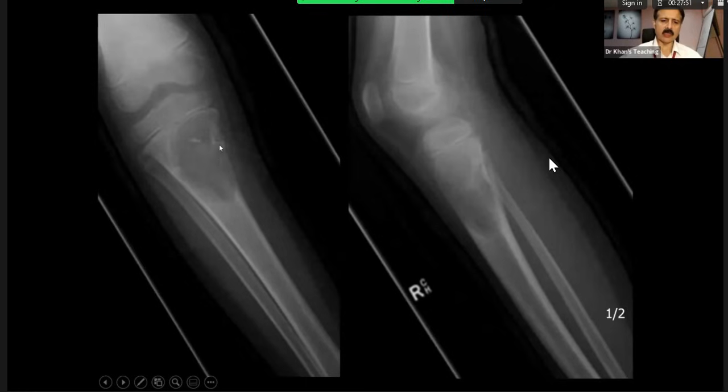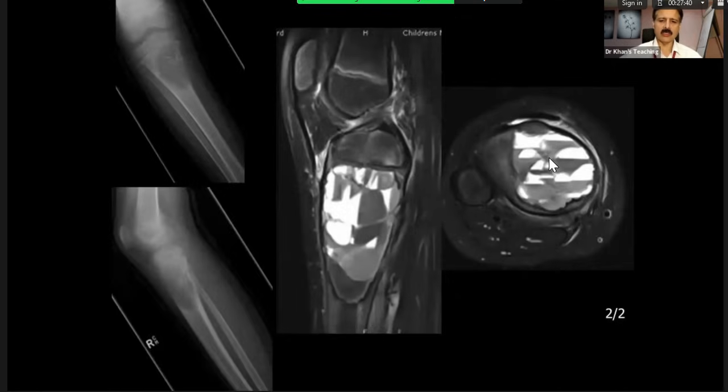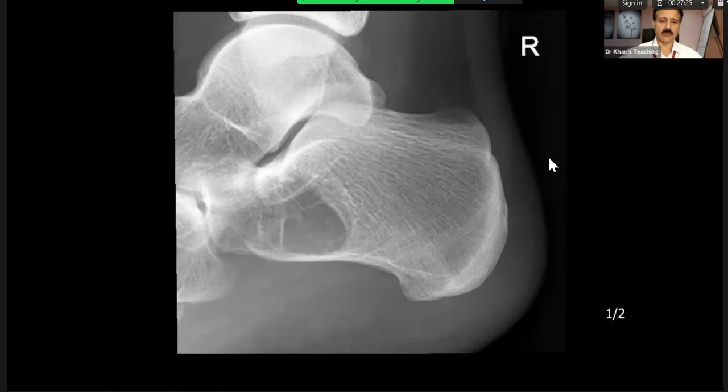But having said that, retrospectively speaking, these points are valid, as I have pointed out. Please remember, fallen fragment sign is not a pathognomonic sign for simple bone cyst, and it can be seen in other lesions. And then fluid levels. If you see more than 75% fluid levels, you are quite confident that it is an aneurysmal bone cyst.